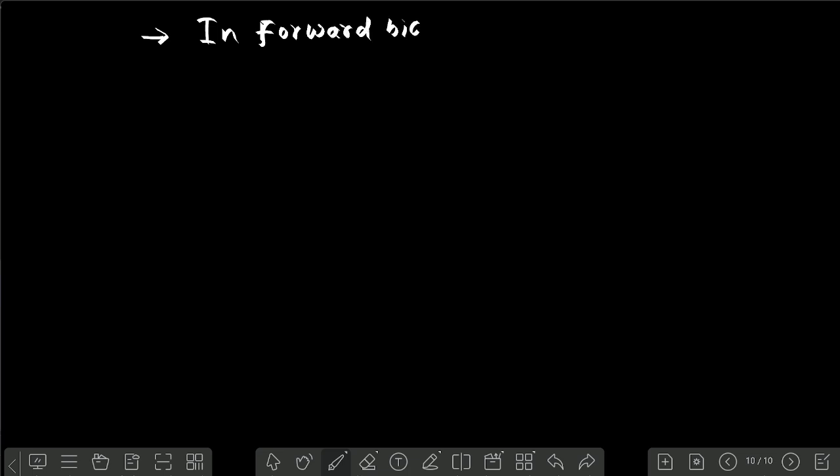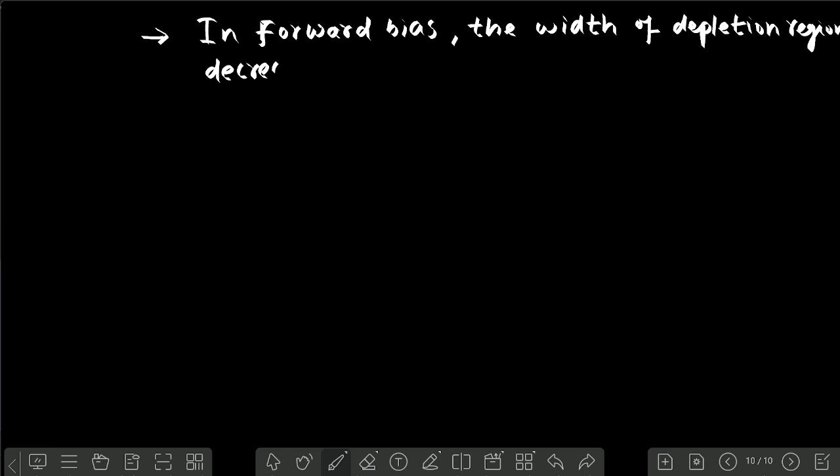In forward bias, the width of the depletion region decreases, as compared to the no bias condition.